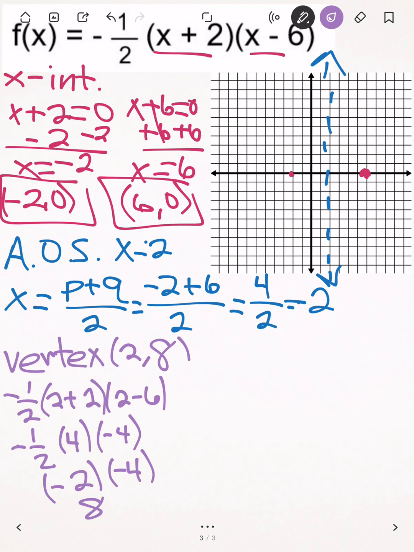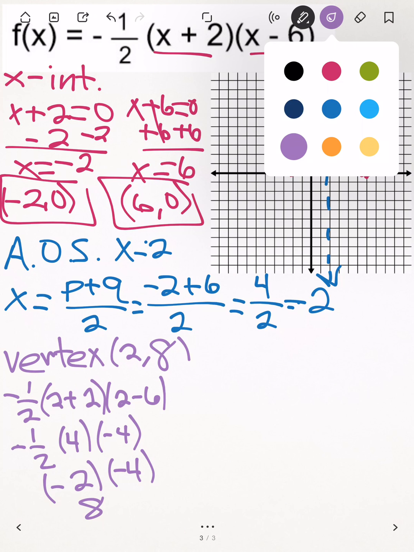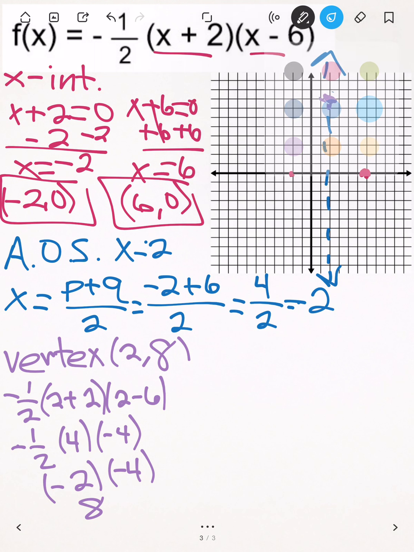I'm going to plot that. It's about right there. Now, we know because this A value right here is negative, it should open down.